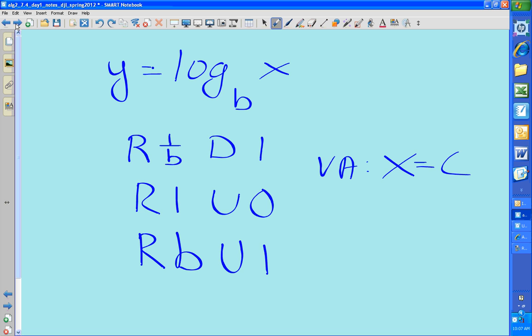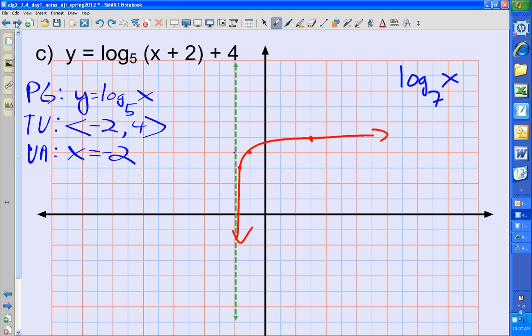And our critical movements from 2 days ago, which was left 1, up 1 over b, becomes right 1 over b, down 1. We went right 0, up 1, switches to right 1, up 0. We went right 1, up b, we switch them, right b, up 1. So when we're looking at logs, that's how we do our graph.